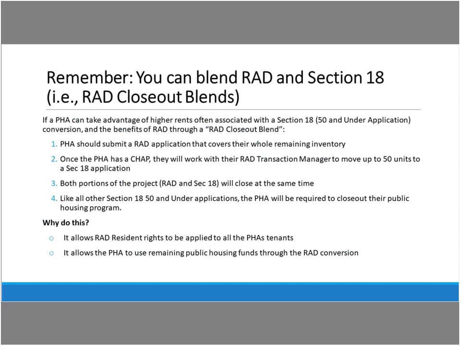So if you have a final property which has greater than 50 units in it, you can blend Section 18, 50 or less, with RAD and get PBVs for the 50, and then RAD for anything beyond 50 if it is your final property. This will bring with it mandatory closeout, so keep that in mind when you're thinking about available cash reserves and things like that. But it is a great nuance to these available tools.